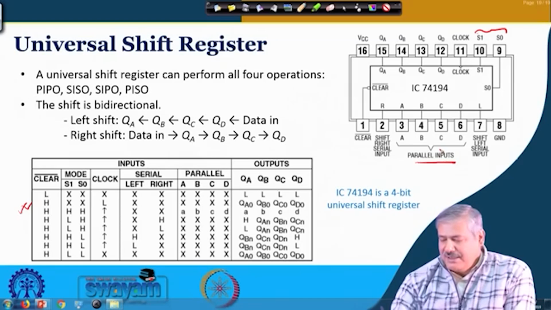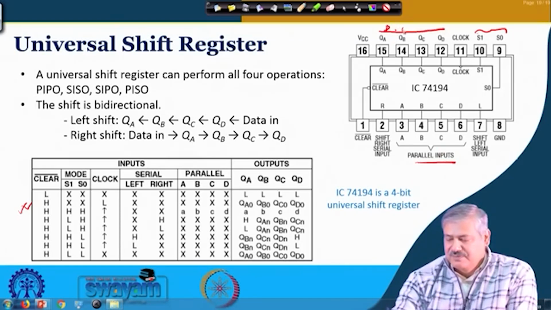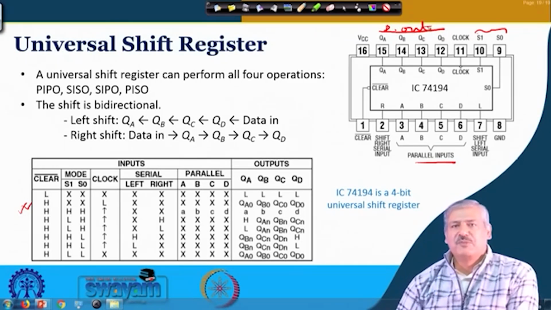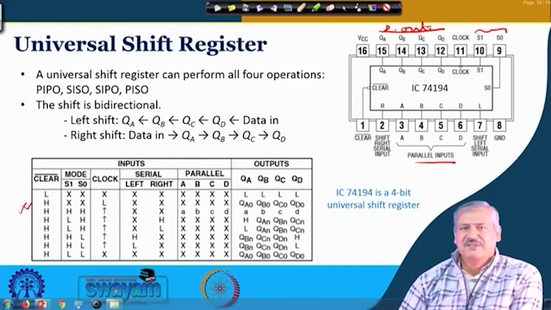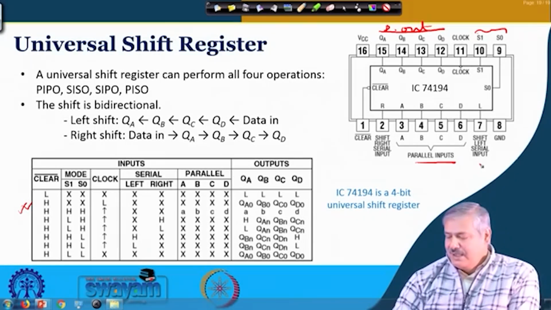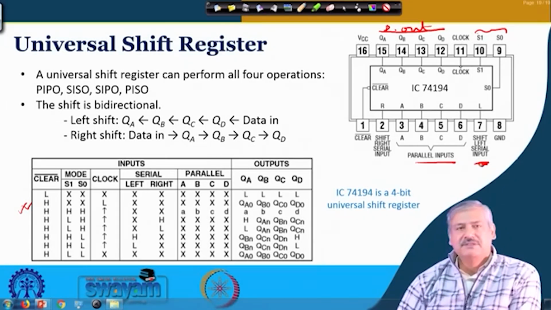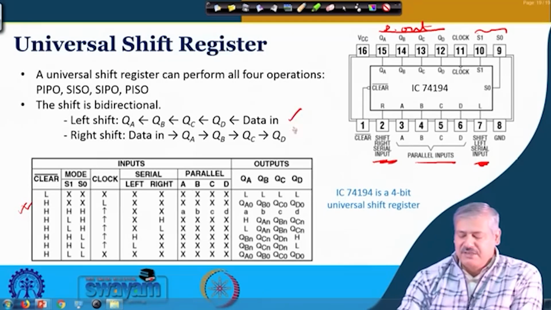So, what else is there? Parallel in and parallel out, you can see this is parallel out, because that option also needs to be made available. It is a universal shift register, all possible things. Then shift left serial input and shift right serial input, both are needed so that it can have bidirectional shift.